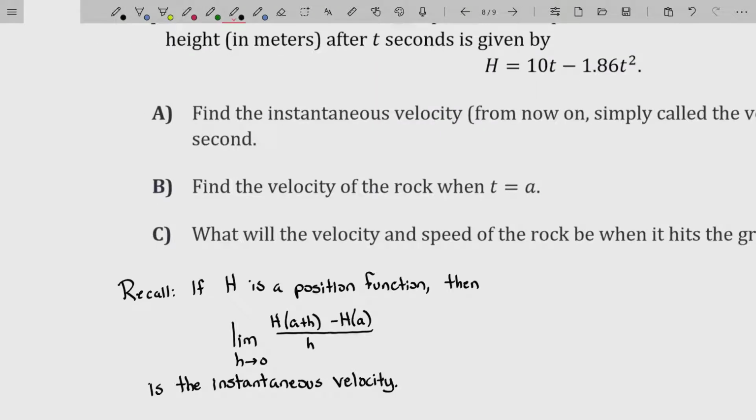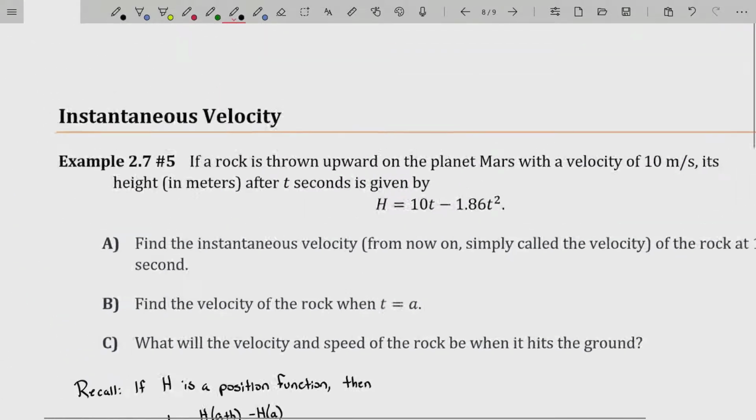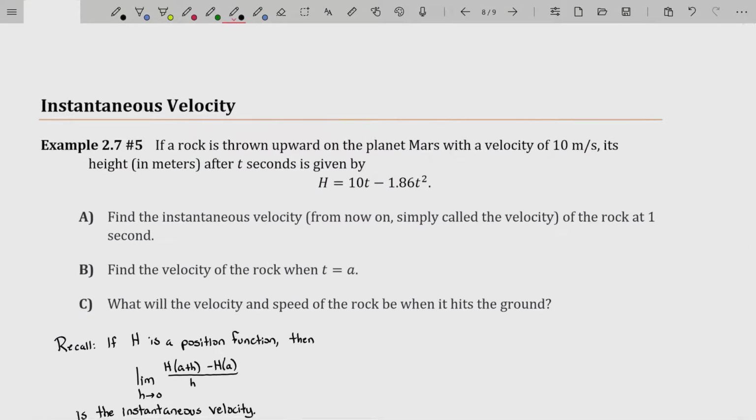So again, I just want to remind you that if H is a position function and its input is time, then the limit as little h approaches 0 of H(a + h) - H(a) over h is the instantaneous velocity. It's a velocity because if you were to graph this function H, it is given with respect to time.